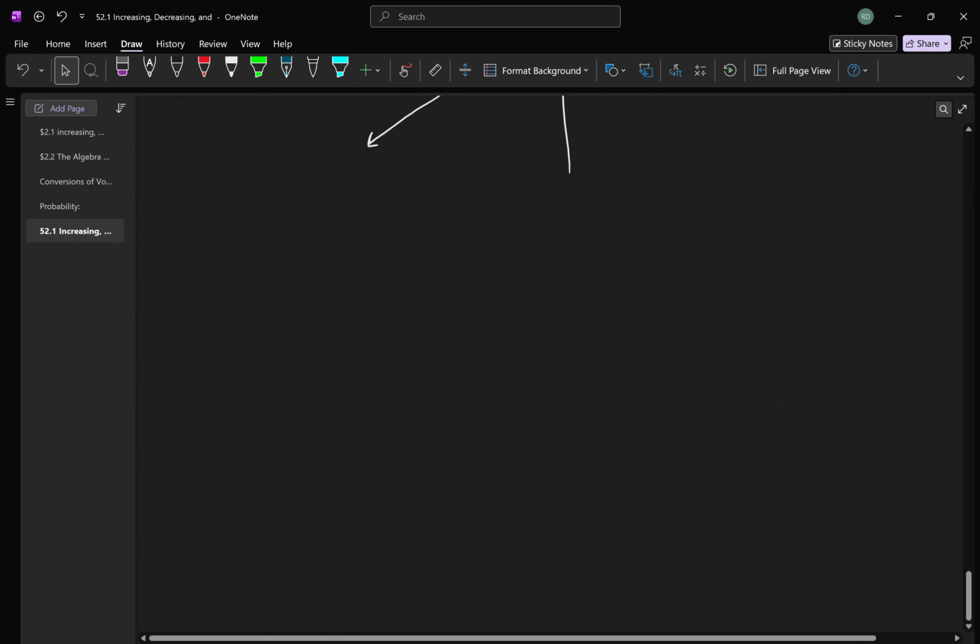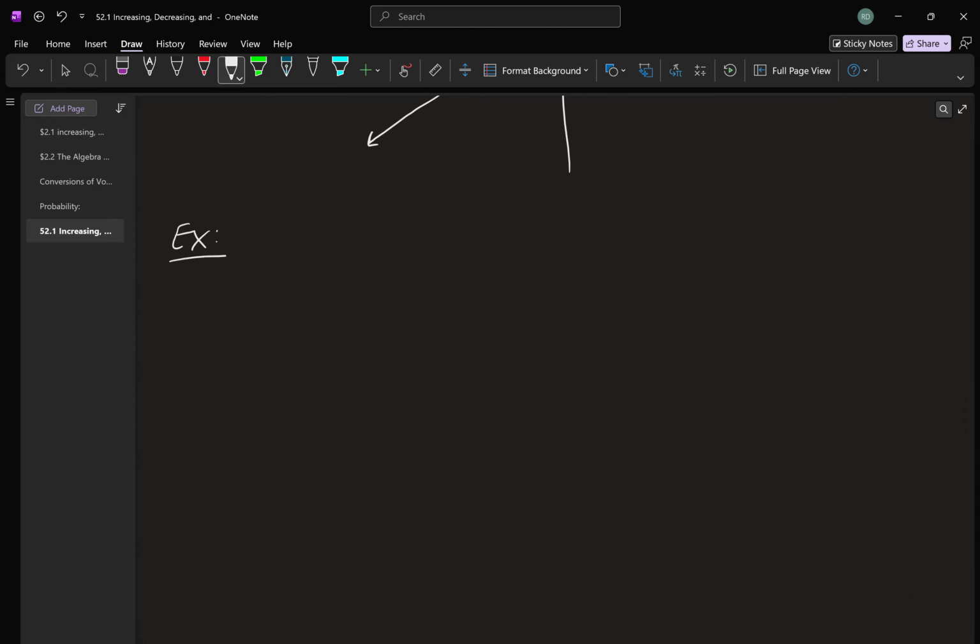So a couple more examples we're going to do. We're also going to find increasing and decreasing stuff as well. Graph the following. And find the domain, range, and intervals of it increasing and decreasing.